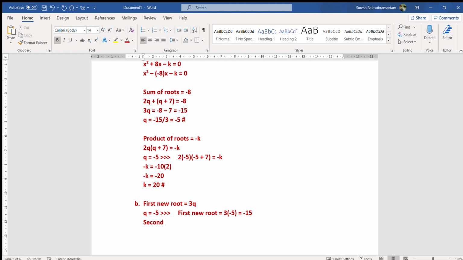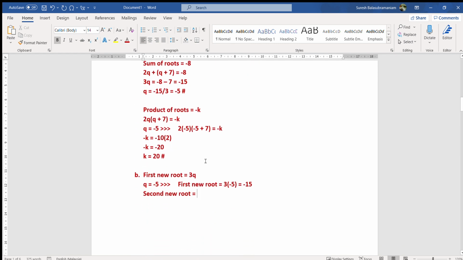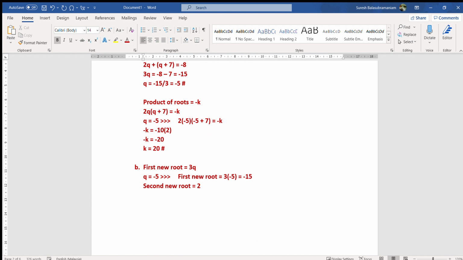Okay, second new root is equals to, go back, what is the second new root? 2q plus 11. Replace q with negative 5.